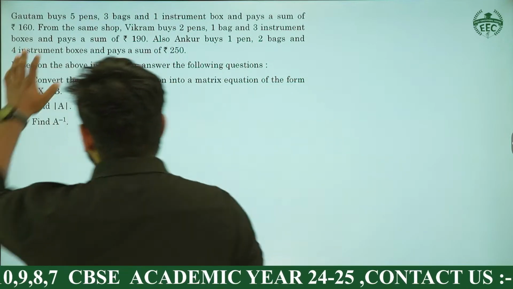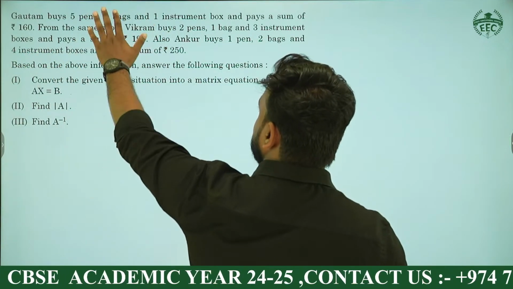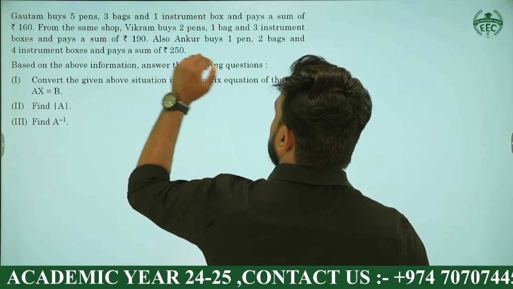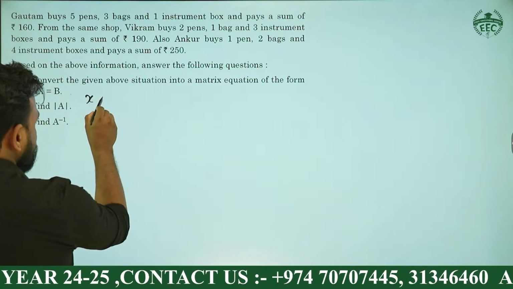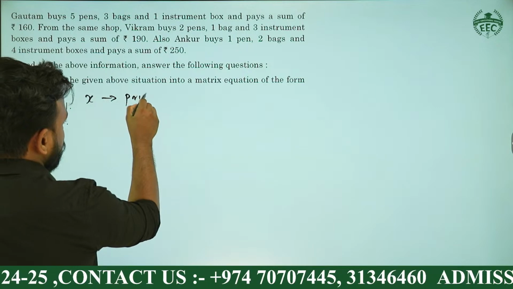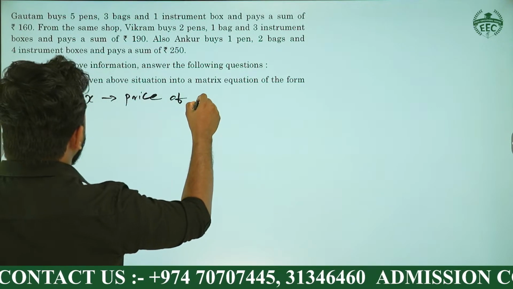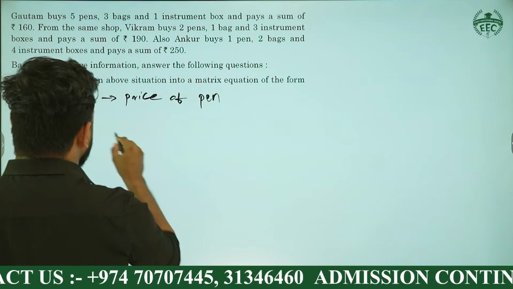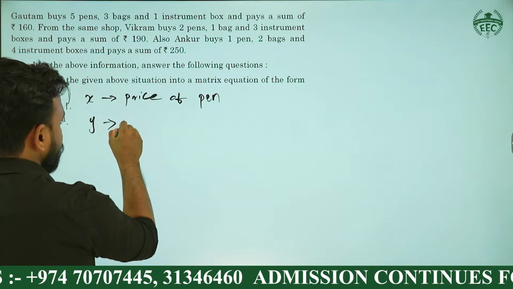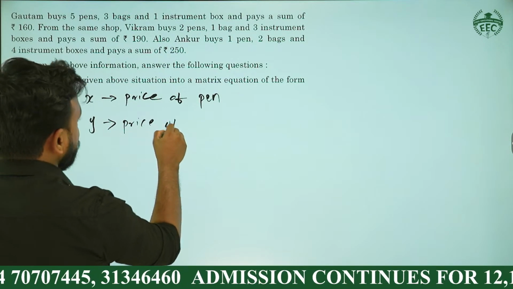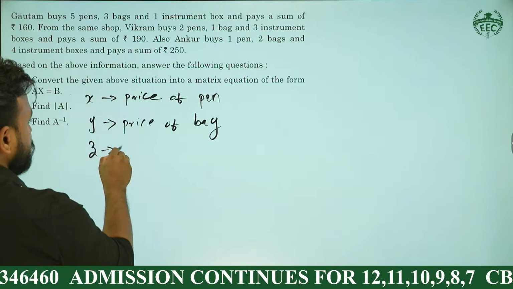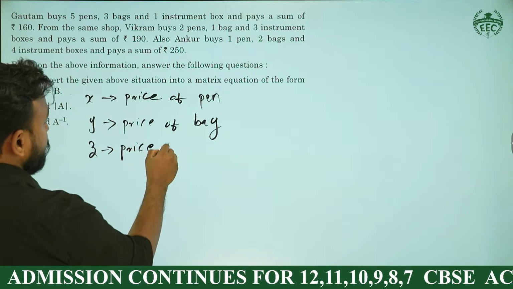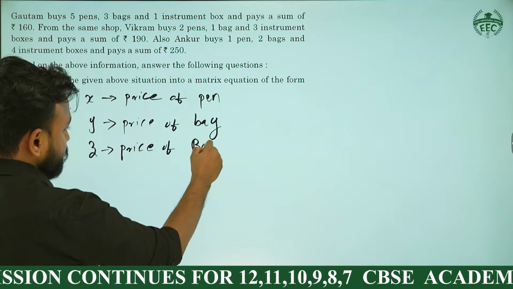Listen, Gautam buys 5 pens, 3 bags and 1 instrument. Ready? I'm going to write x is the price of pen, y is the price of bag, and z is the price of box.